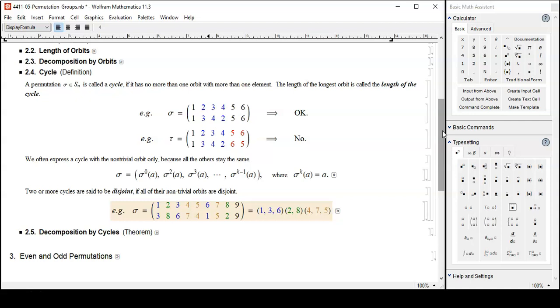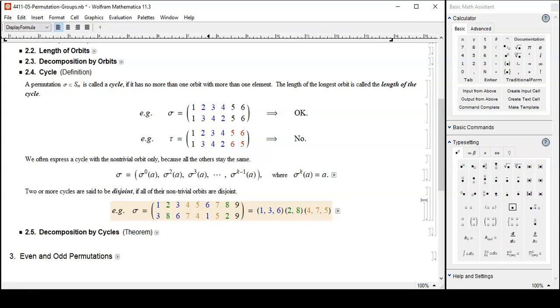And then brown part, 4 goes to 7, 7 goes to 5, 5 goes to 4, cycle repeats. And then a trivial orbit, 9 stays 9. So we get 1, 3, 6, a cycle, 2, 8, another cycle, green, and then 4, 7, 5, another cycle, brown, and it turns out that sigma is a multiplication of those.